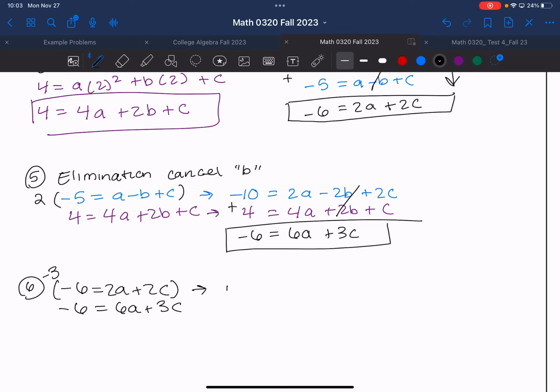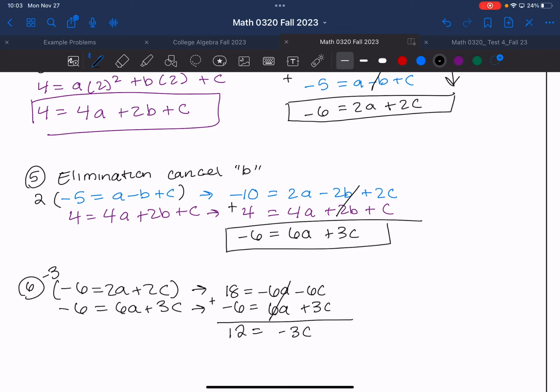Which means I would have 18 is equal to negative 6a minus 6c, and then I bring over that other equation. So that means when I add these down, my A's are going to cancel. So I have 18 minus 6, which is 12, is equal to, these A's cancel out, and negative 6c plus 3c is negative 3c.